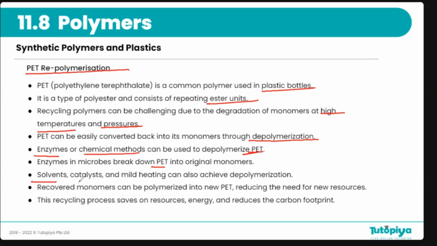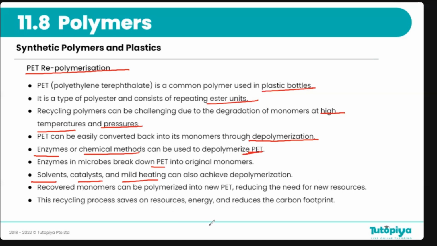And solvents, catalysts, and mild heating can also achieve this same depolymerization. So either you can use enzymes or you can use certain solvents, catalysts, and a bit of heating. Not like any other type of depolymerization, PET can be done at mild conditions of heating.